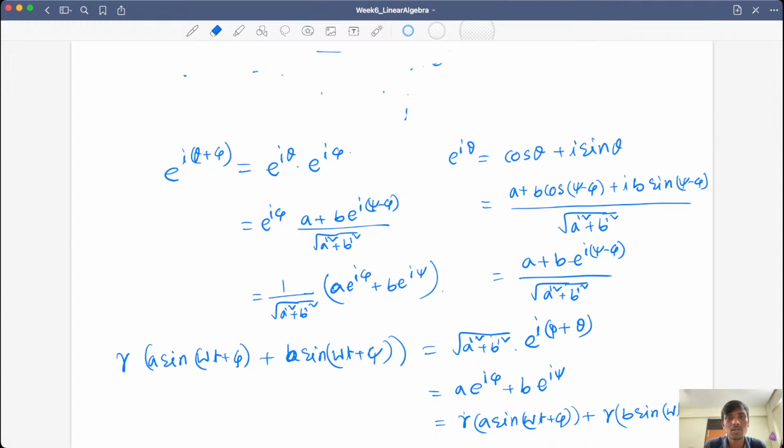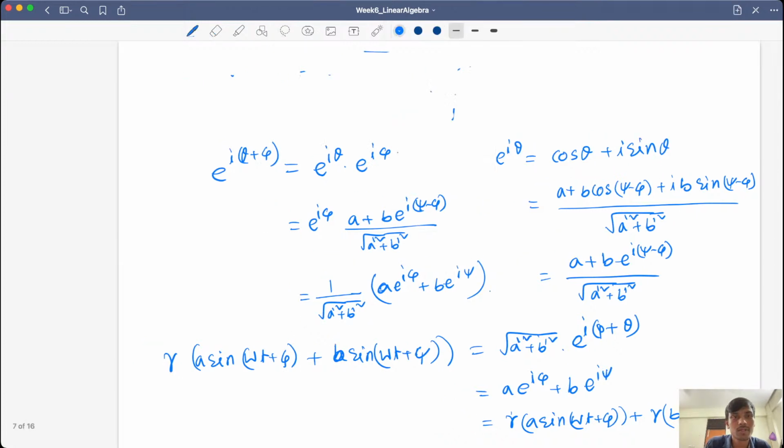We just use the definition of theta here and see that we get this one. So this shows that gamma is additive, but we still need to show that it is scalar multiplicative also.